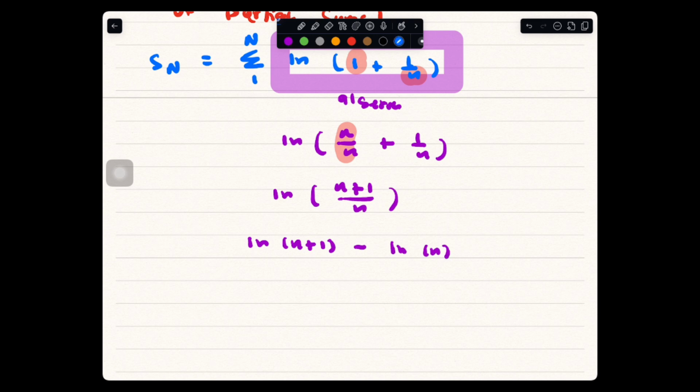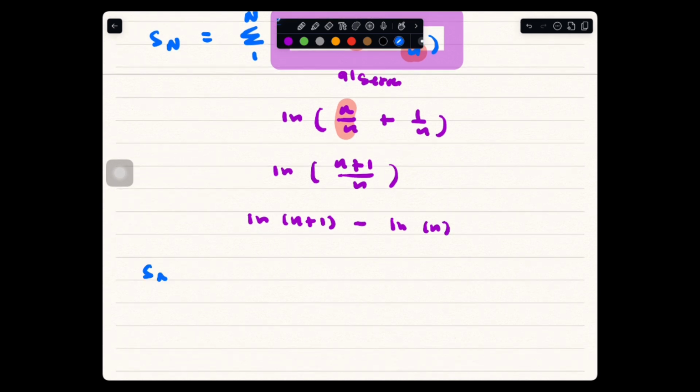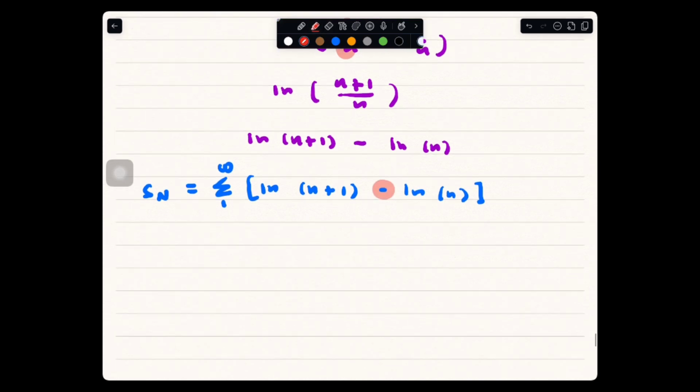Now, you say I can see that the sequence of partial sums is the natural log of n plus 1 minus the natural log of n. I can see how this is possibly going to be what? Telescoping. So we're going to have a telescoping, collapsing series again. And that's the whole idea. These first three are telescoping series.